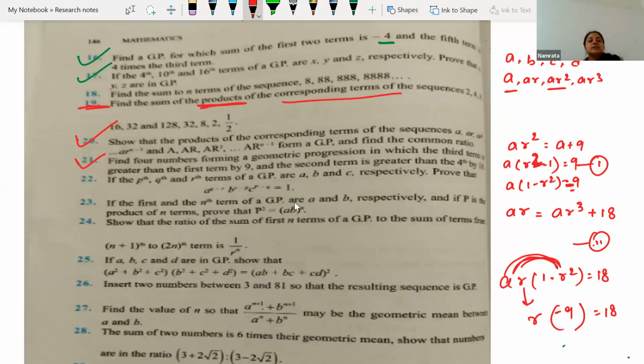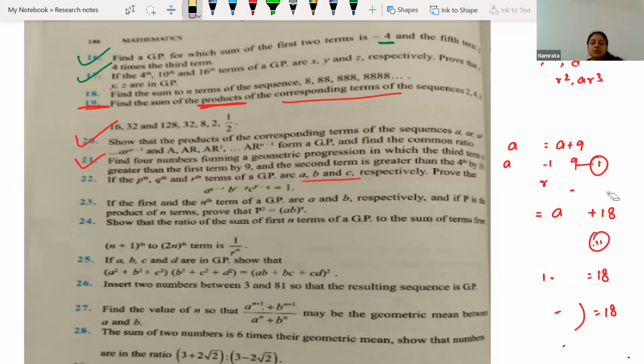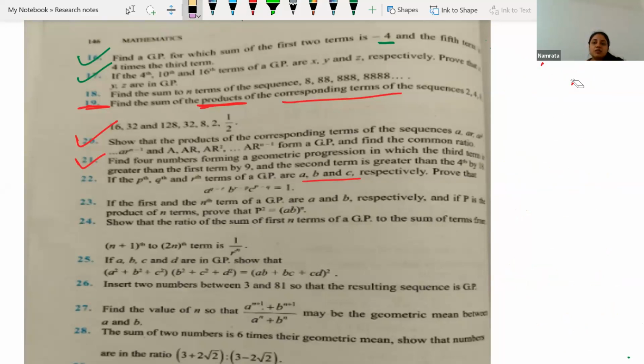Now the next says, if the pth, qth, rth terms of a GP are a, b, c, prove that this holds. If you have to assume, then you can take the geometric sequence with the first term as a and the common ratio as capital R, please take. This question we have already discussed, still I am reminding you, try it by yourself and do let me know.